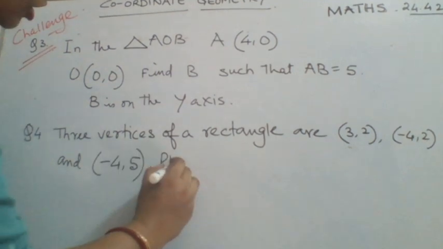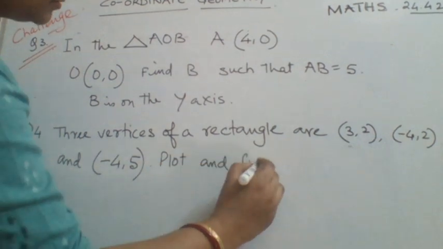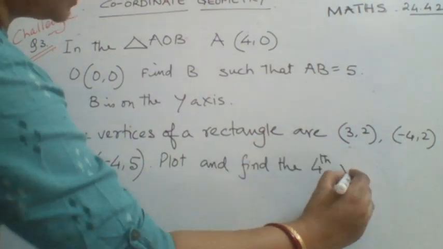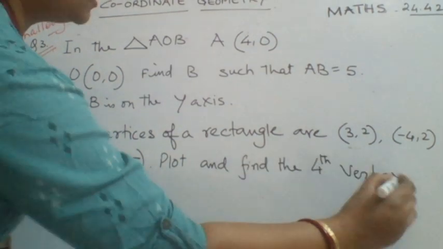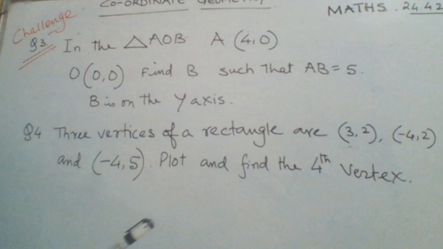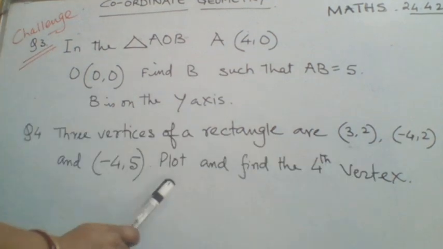Plot and find the fourth vertex. Okay, so it's a rectangle. 3 vertices are given to you: 1, 2 and 3. Plot and find the fourth vertex.